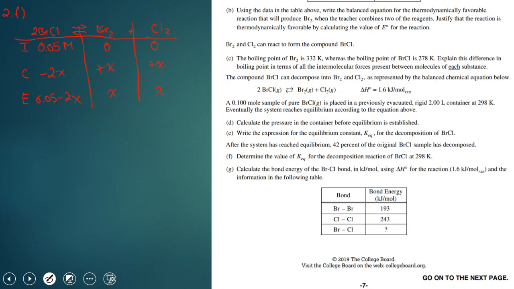And so what that tells us is our concentration of BrCl that's decomposed is equal to 42%, or 0.42, times our original value, which is 0.05. So 0.42 times 0.05 is equal to 0.021.